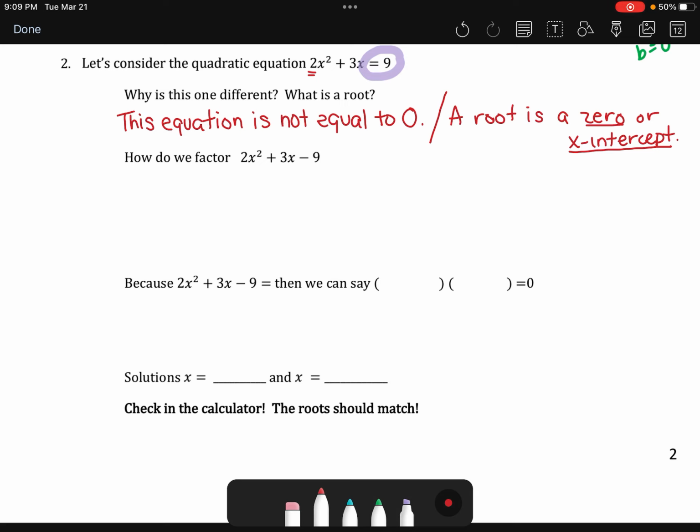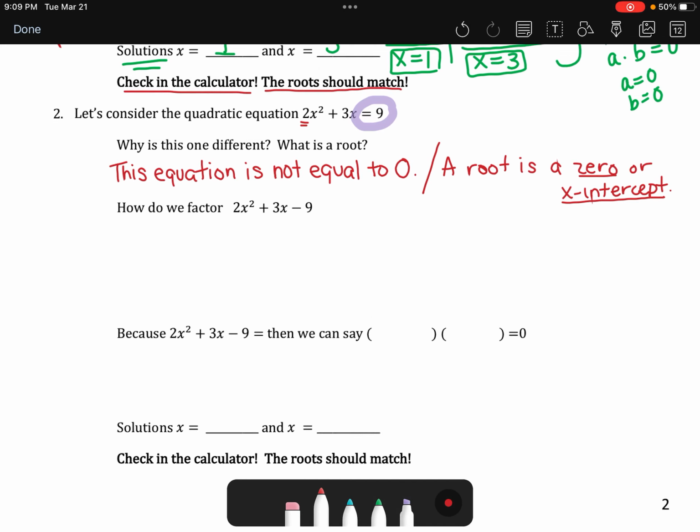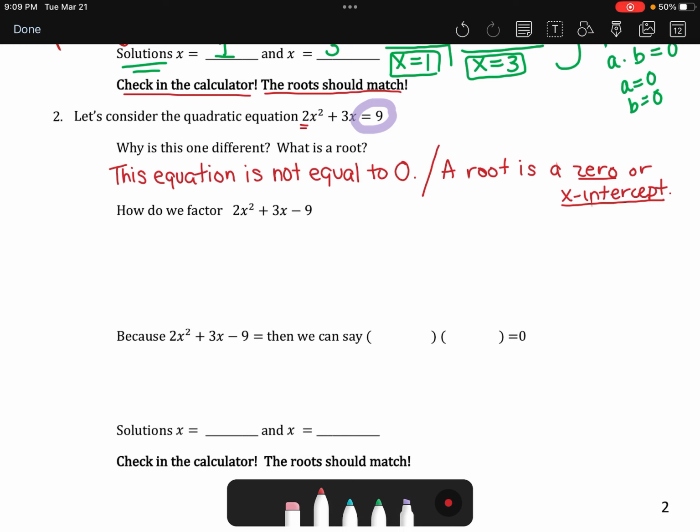We have to get it equal to 0. That is the only way we can use factoring to solve it, because when we factor it, we're finding the x-intercepts, and the x-intercepts are the zeros. So for this equation, we're going to make it equal to 0. We're going to subtract 9 from both sides.